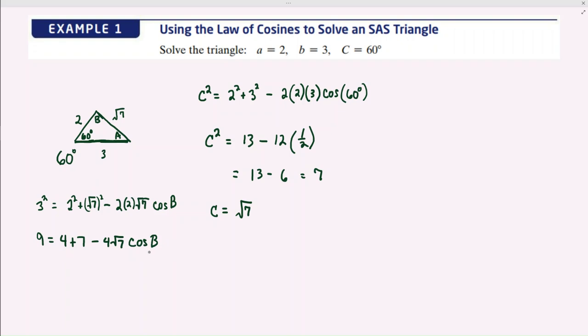Alright, so we'll just simplify this until we get the cosine of B on one side by itself. So 9 equals 11 minus 4 radical 7 cosine B. We're going to subtract the 11 from both sides, and we'll end up with negative 2 equals negative 4 radical 7 cosine B. Now we want to divide both sides by negative 4 times the square root of 7.